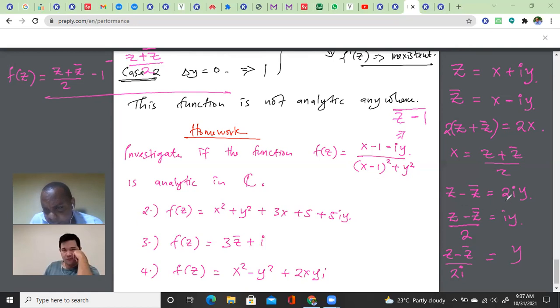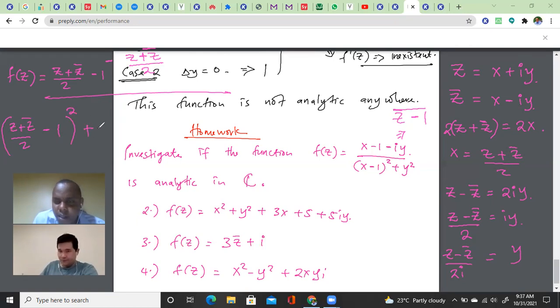Then we go to the bottom. We replace x with z plus z bar over 2 minus 1, and then we are squaring that. So it's going to be z plus z bar over 2 minus 1, and then everything is squared.